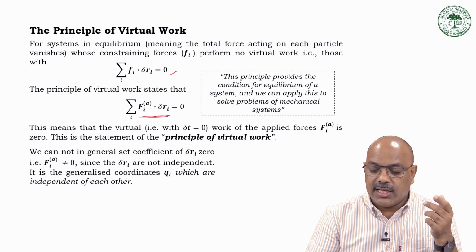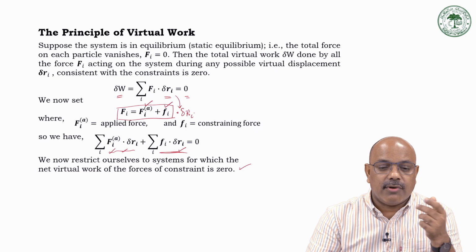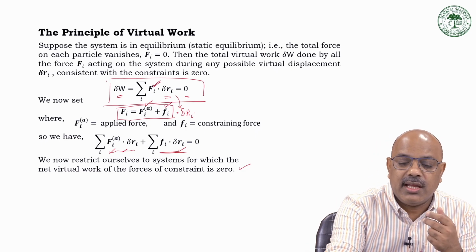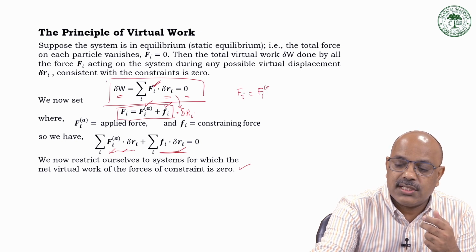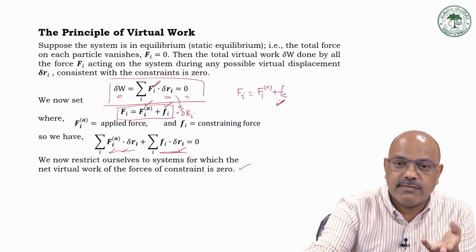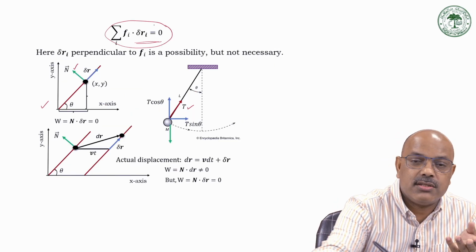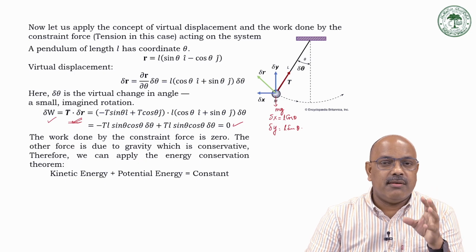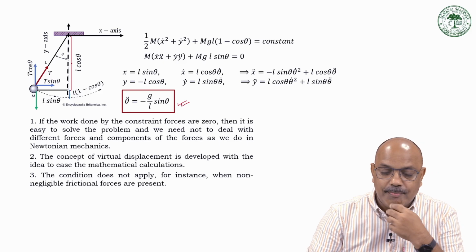If you remember, we started from here: the total forces acting on the system, Fi, consist of the applied force and the constraint force. We demanded that the work done by the constraint force is going to be 0, and we proved it with certain examples, and we see that by demanding that, my calculation becomes easy.